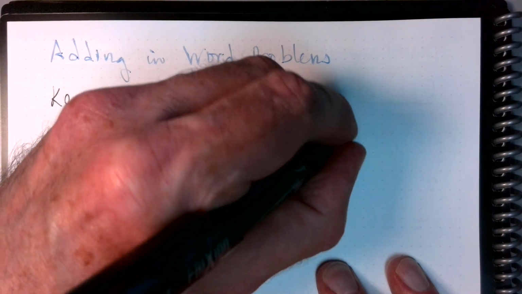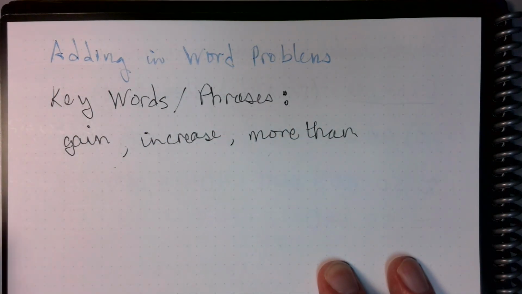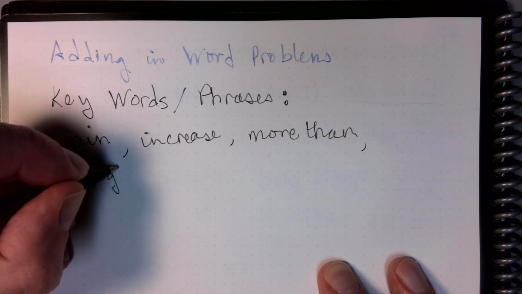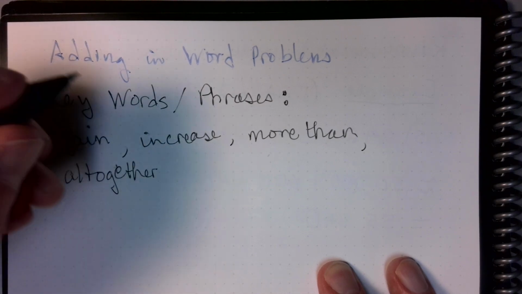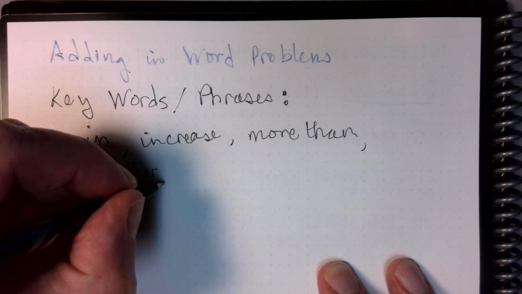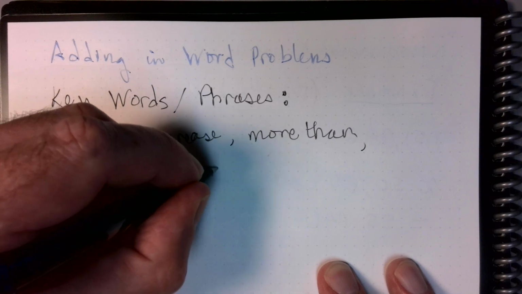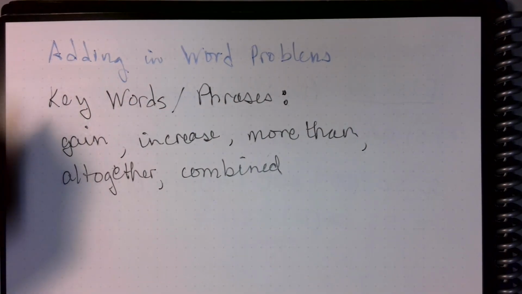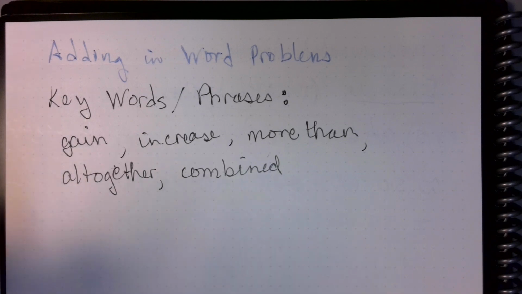If you see any of these phrases in a word problem. All together. Combined. Okay, anything like that would indicate we are talking about the operation of addition in our word problem.